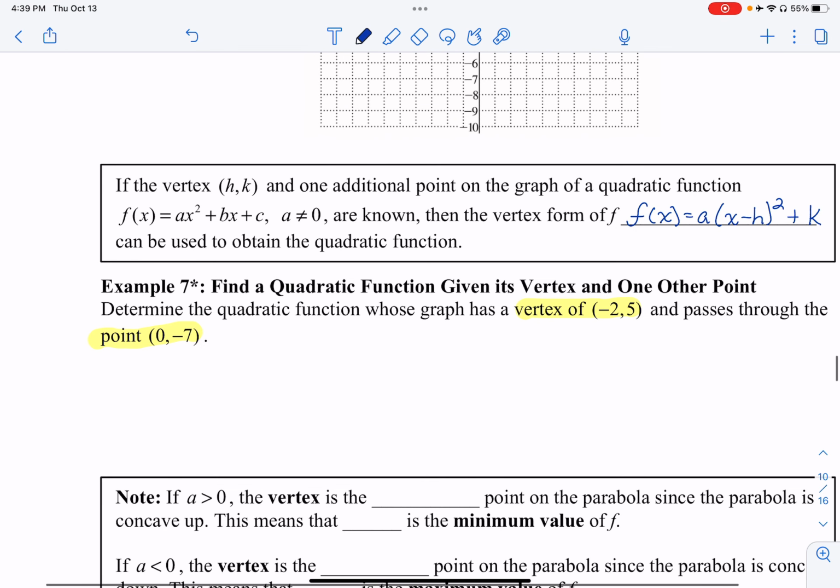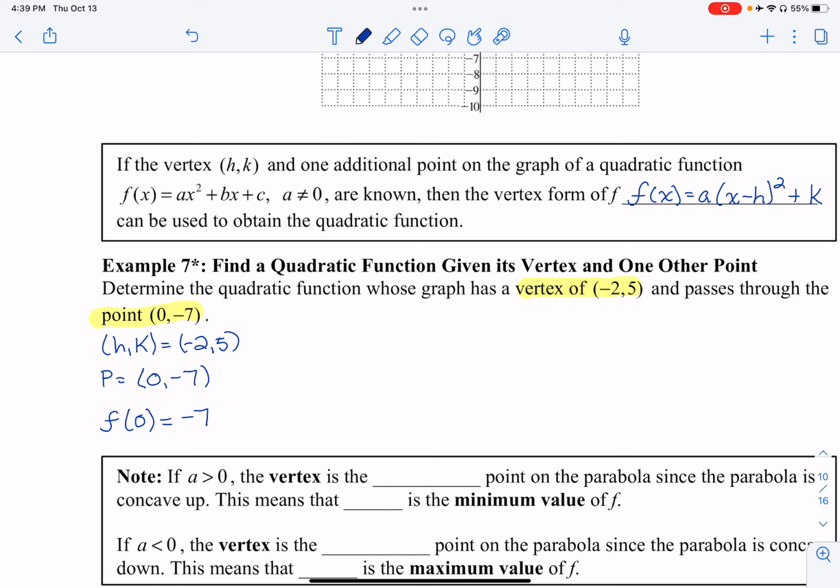So here we know that (h, k) is (−2, 5), and we have some point P on the graph at (0, −7). Keep in mind that means f(0) = −7.